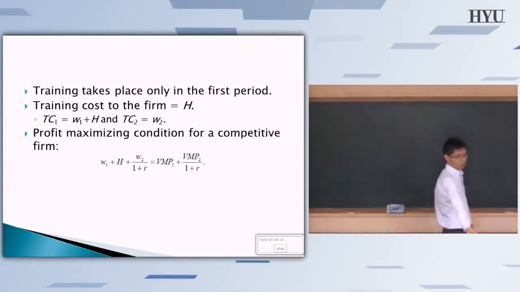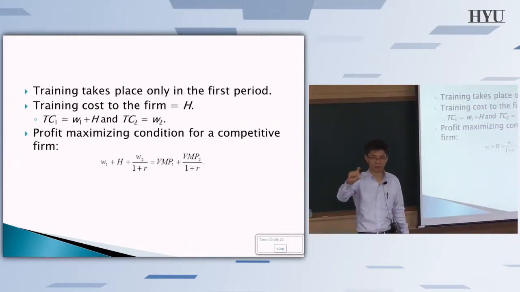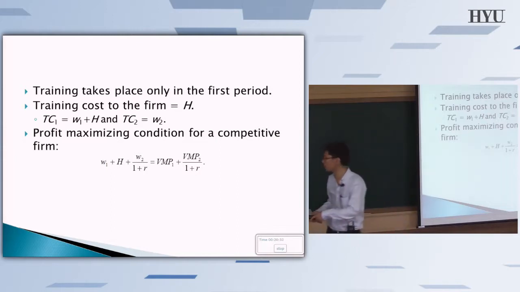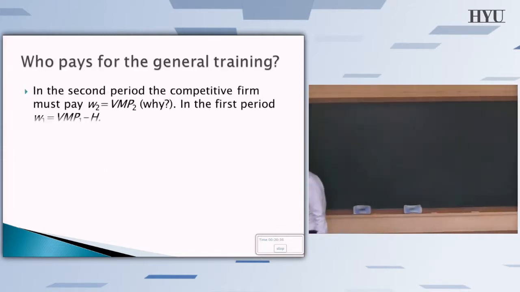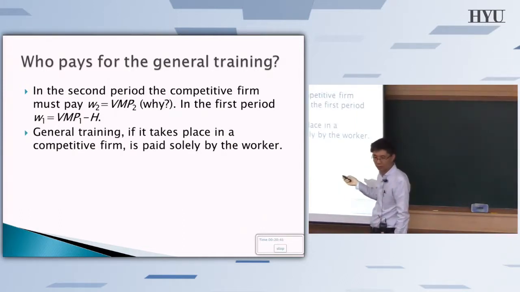That means in the first period, the worker's actual productivity minus the training cost would be paid to the worker. Okay? So that means the worker actually pays for the cost. Okay?